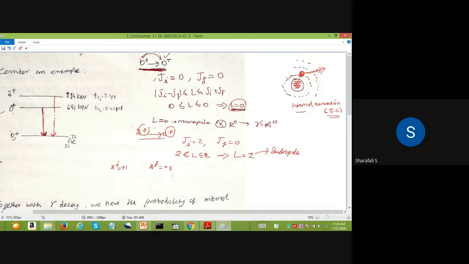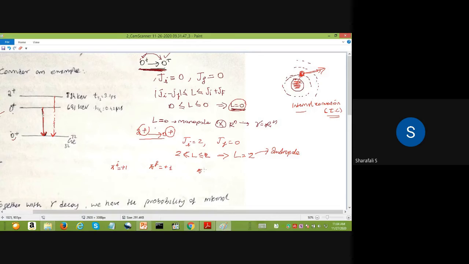Then we have to consider the equations. For the case of electric multipole transitions, we had equations dependent on (-1) to the power L. It is not L +1.